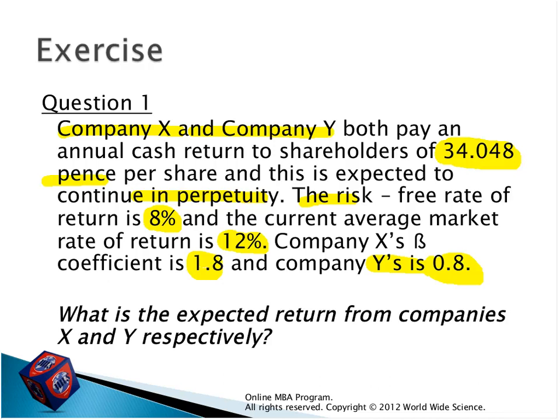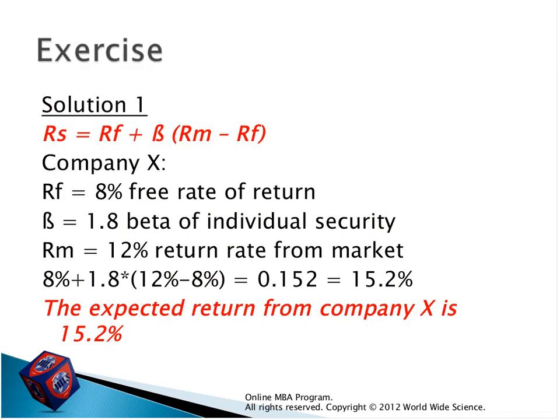Let's see the calculations. We use the formula to find the expected returns from each company. After calculation, the expected return from company X is 15.2%. That means company X expects to get its money back from the investment with 15.2% profit.